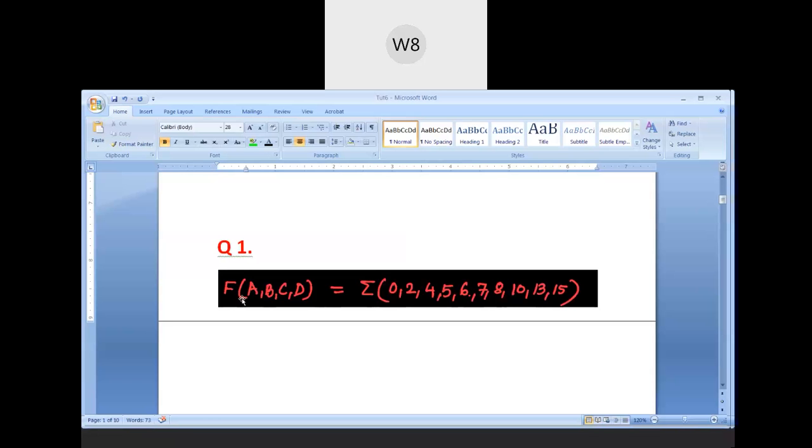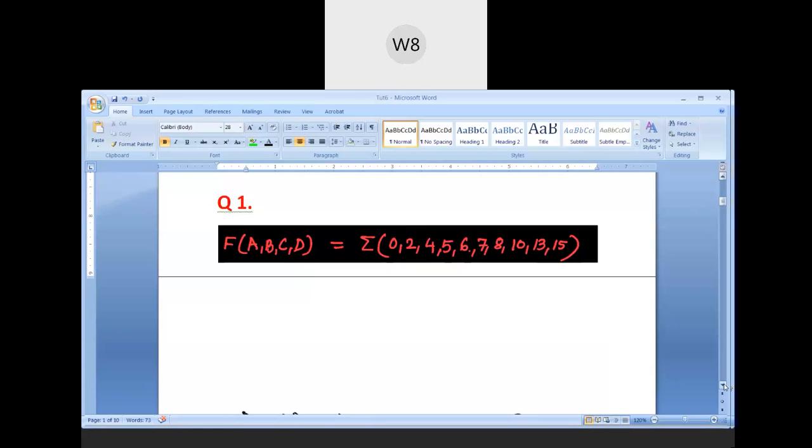So our objective is to minimize this function. So here we have 4 variables, so there will be a total of 16 possible inputs.